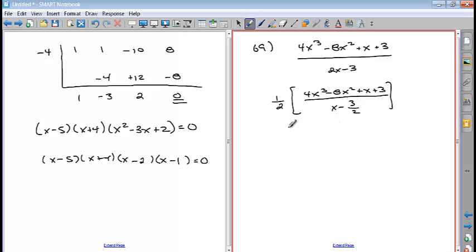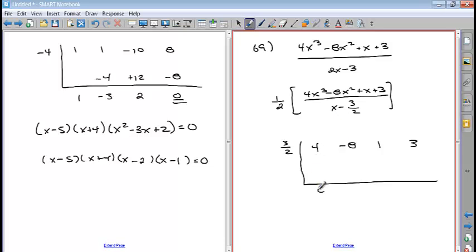So that way you could use synthetic division, or you can use long division. So I'm just going to try synthetic. I'm going to do the part in the parentheses, and then I'll just multiply it by 1/2. So we have the coefficients, and we have 3/2. So we use the 0, not the factor.